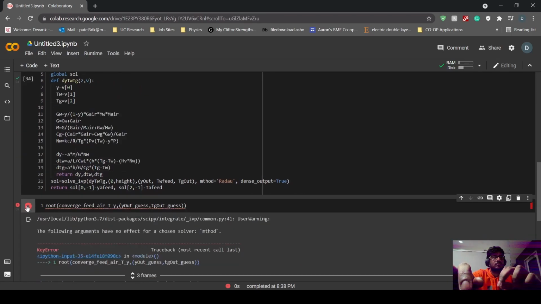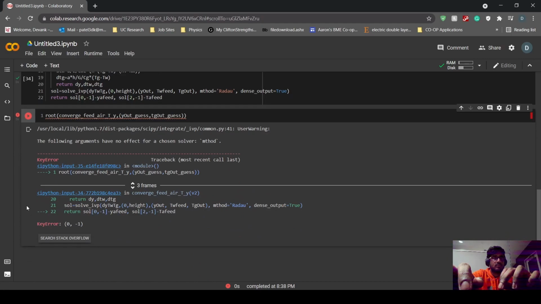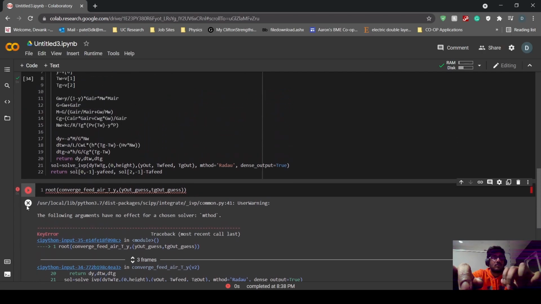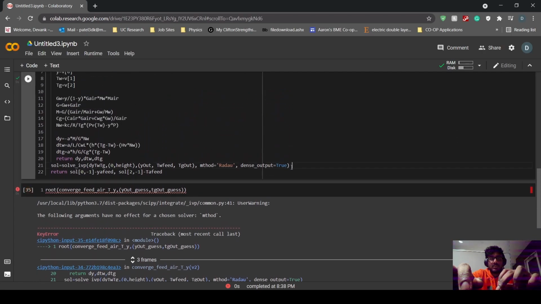Let's keep on solving the errors. Oh, maybe it's because I didn't use sol z plot, so sol, that's z underscore. Let's try running this.